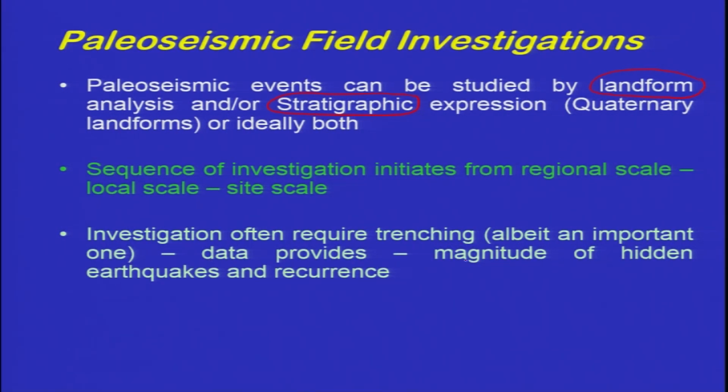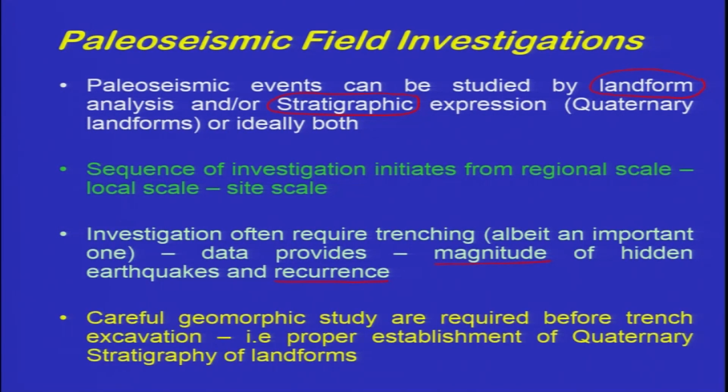The data provides magnitude of past earthquakes and recurrence. This is important for seismic hazard assessment, that we need to have the magnitude of the earthquake and the recurrence, that is when the next event will be and what will be the magnitude.